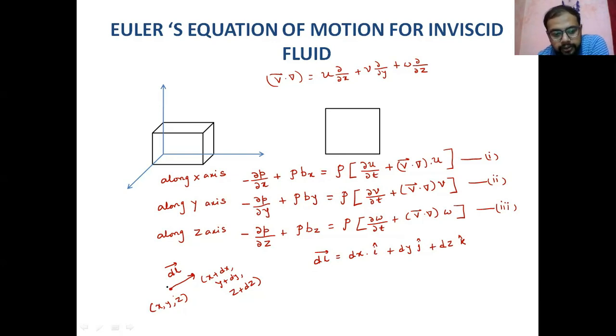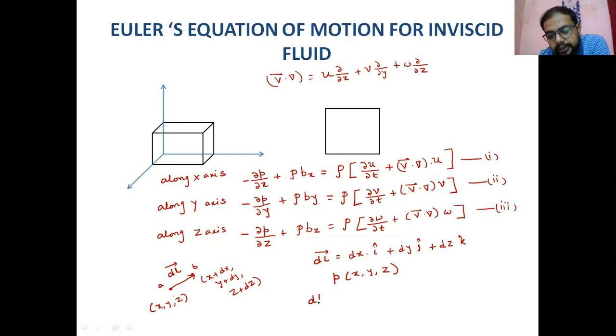Let us take two very close points, A and B. The pressure at A and the pressure at B are very close, a differential distance apart. So the differential pressure between A and B depends on all the coordinates, as the pressure is a function of x, y, and z.